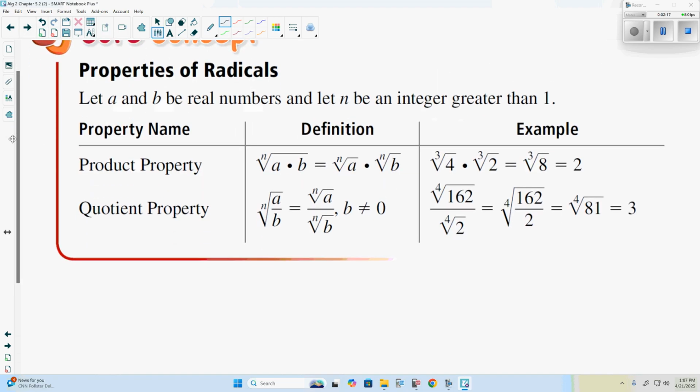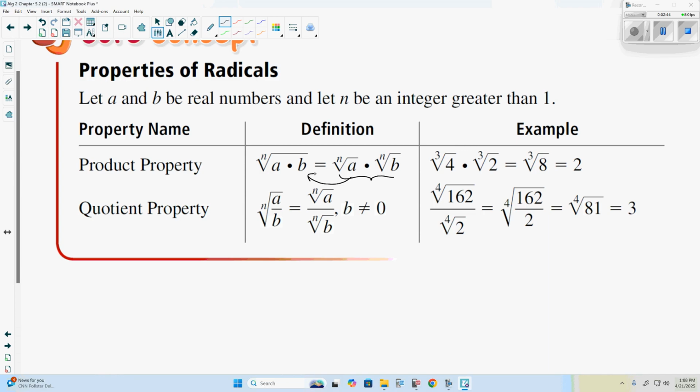Now there's 2 main properties we'll use today, the product property with radicals. Product property says if we have 2 things being multiplied inside the radical, we can rewrite it as 2 radicals being multiplied together. Or we could go the other direction, and if we have 2 radicals being multiplied together with the same index, we can write it as a single radical with what's inside being multiplied.